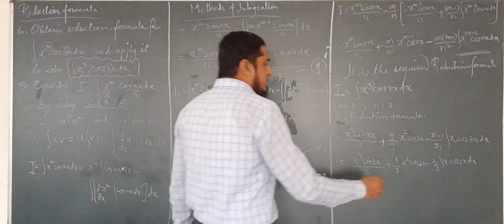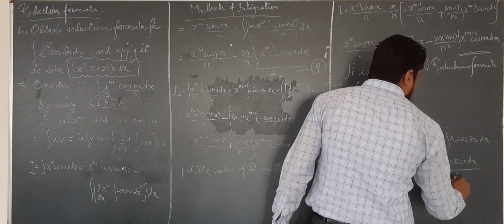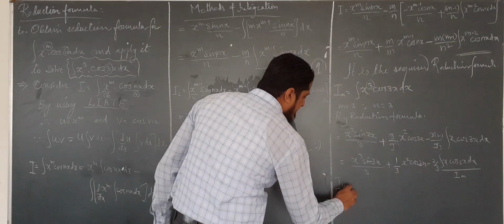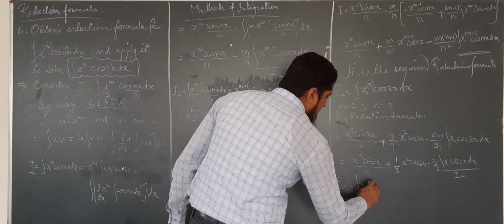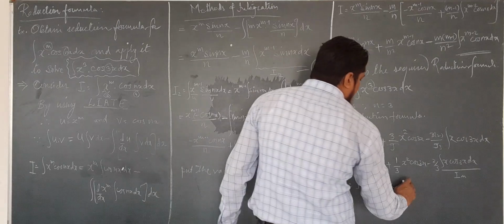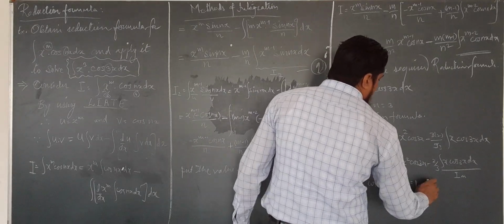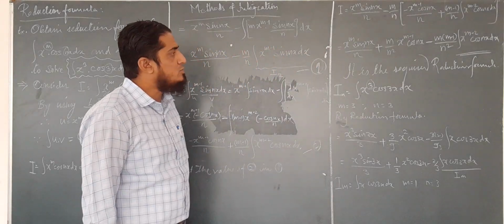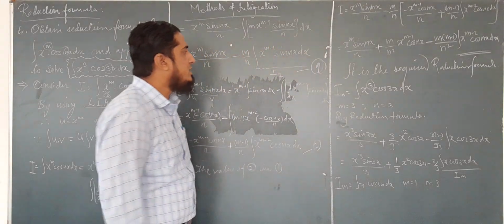Now this one, say it is Im, calculate Im, x cos 3x dx, where m is equals to 1 and n is equals to 3.